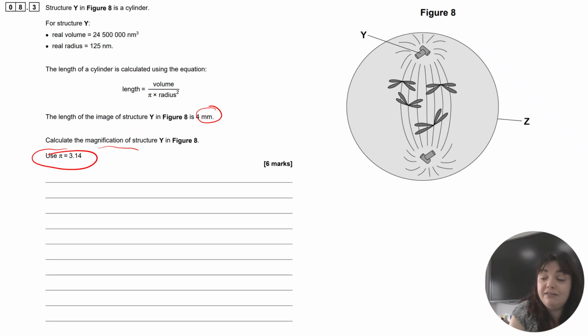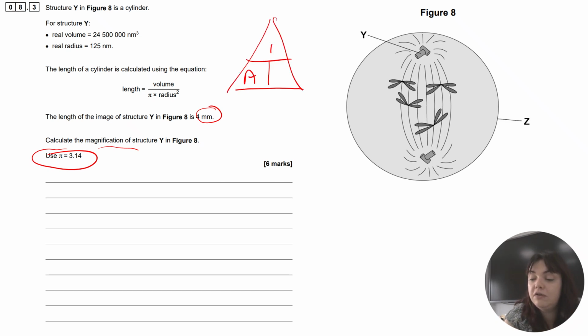So the length we're going to work out is the length in real life. The first thing that we've not got included on here that we're going to have to use is our AIM equation. But before I start thinking about the magnification, I'm going to work out what the length is in real life. What is the actual length?